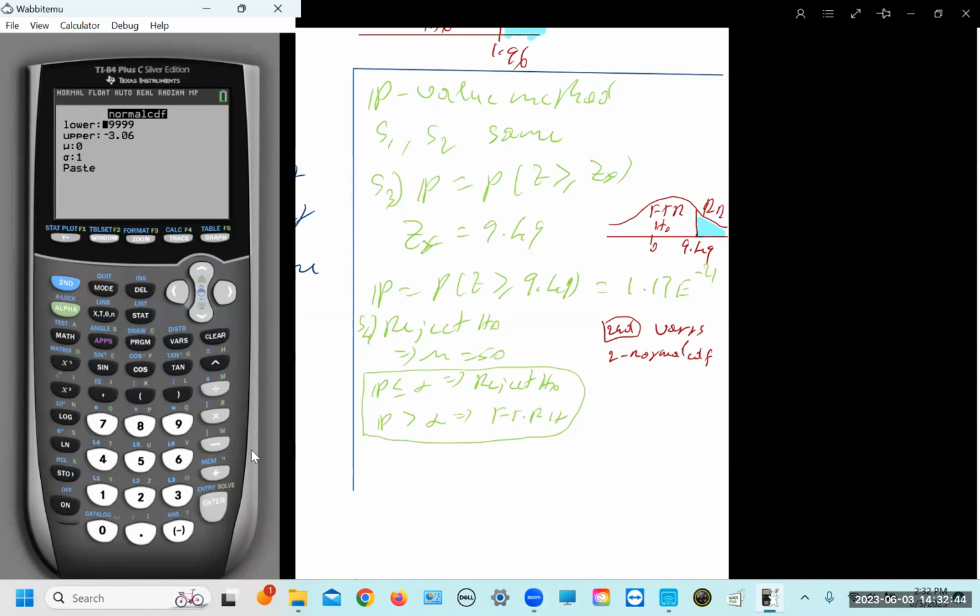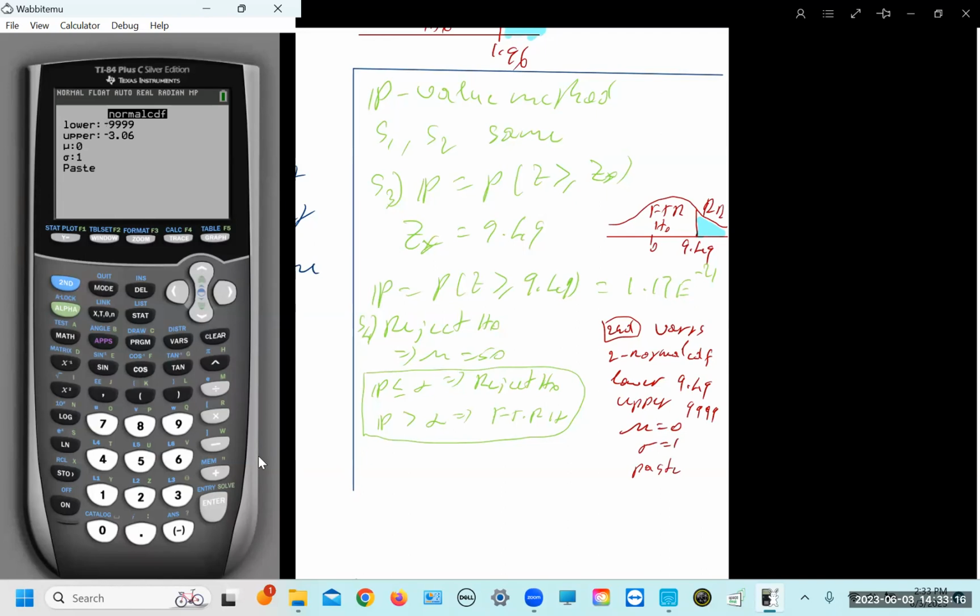And we get the lower is 9.49, upper 9999, whatever that is, and mu 0, sigma is 1, and paste.